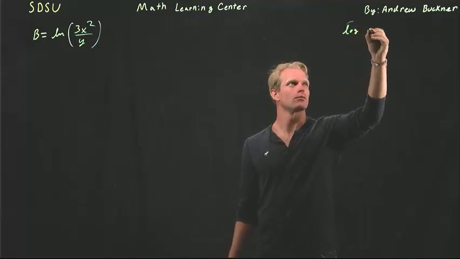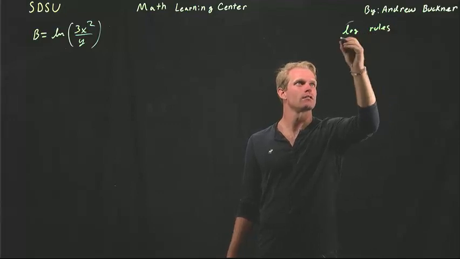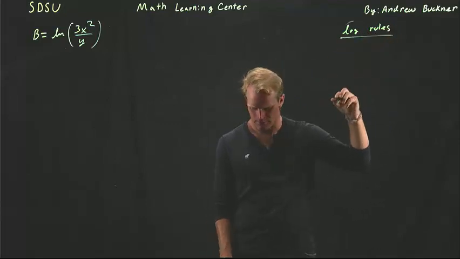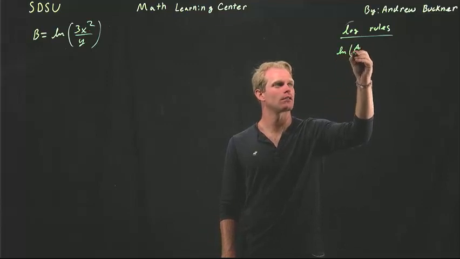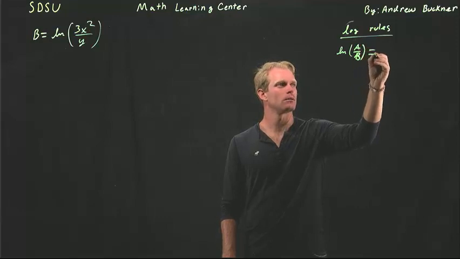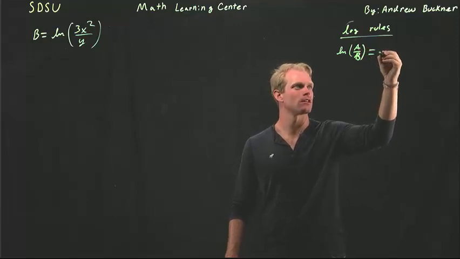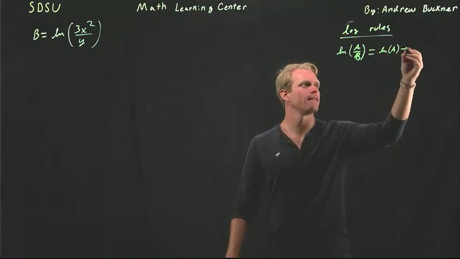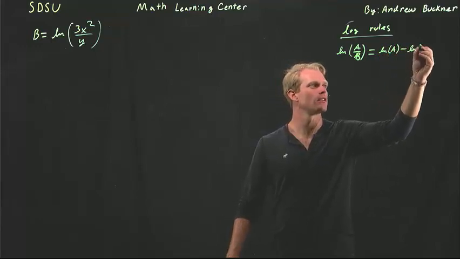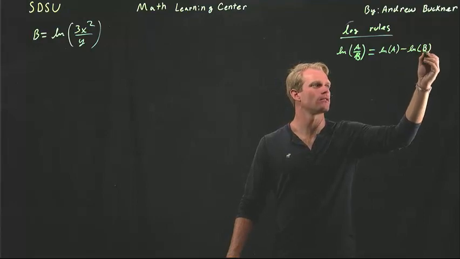The log rules state that whenever I have a quotient inside a logarithmic function, what I'm going to be doing is subtracting them. So I'm going to take the upper function, which in this case is a, and subtract the lower function b.